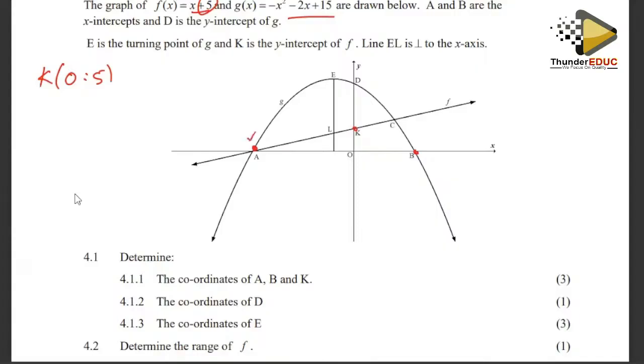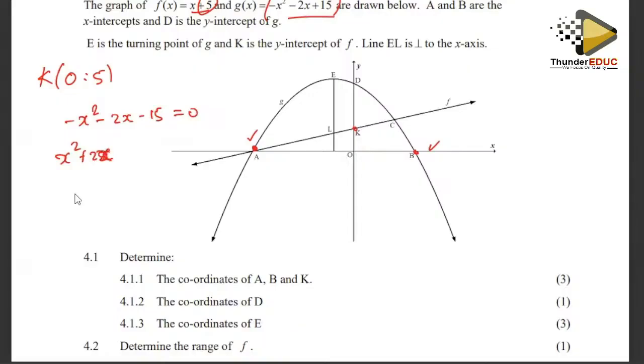And then for A and B, we know that the graph passing there is f and g. We can use this equation straight away and factorize. Negative x squared minus 2x plus 15 is equal to 0. Divide through by negative.